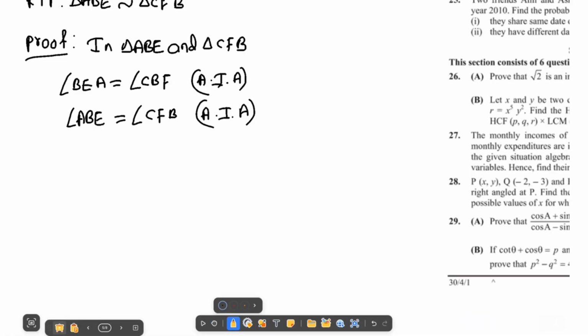Therefore we can write, therefore triangle ABE is similar to triangle CFB by angle similarity. Hence proved.